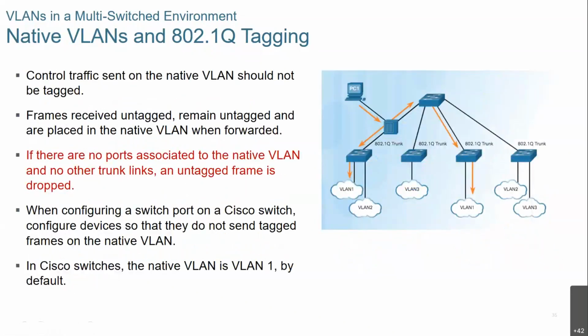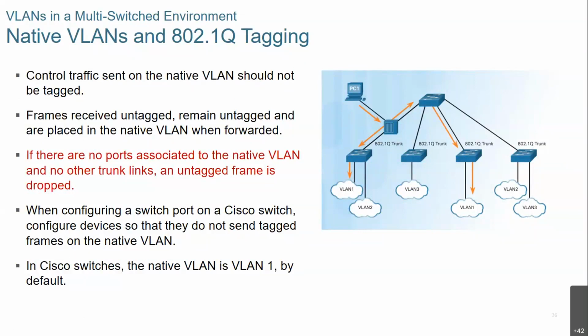Control traffic sent to the native VLAN should not be tagged. Frames received untagged remain untagged and are placed in the native VLAN when forwarded. Now, if there are no ports associated with the native VLAN and no other trunk links, an untagged frame is dropped.